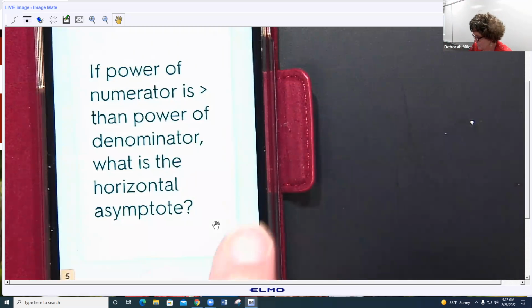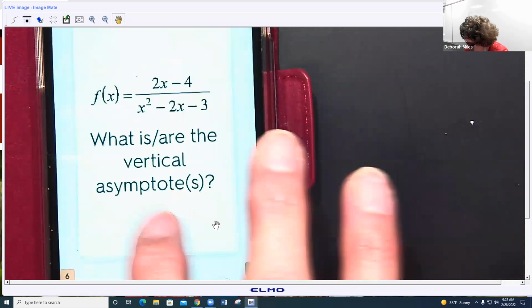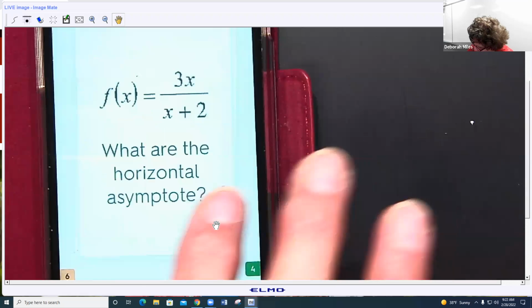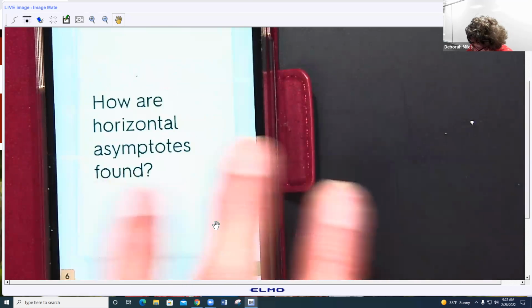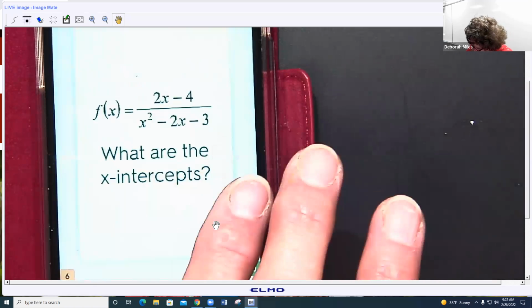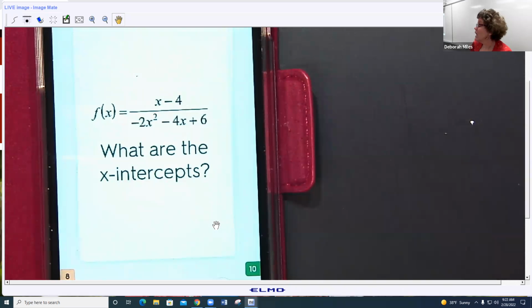Actually, I asked what's the horizontal asymptote, and the answer's, oops, dang it. Dang it, dang it. Which one was it? If I had tapped instead of swiped, Dominic, it would have said there is no horizontal asymptote, because that's what the question was about.